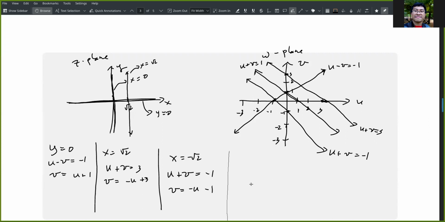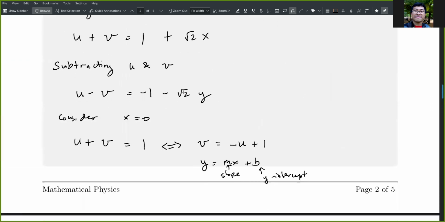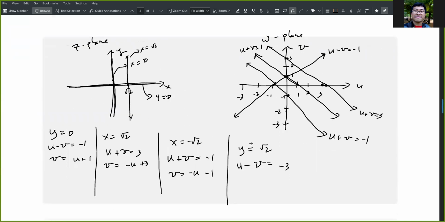And we can also try y equals square root of 2. For y equals square root of 2, it becomes u minus v equals, this is square root of 2, this is 2, minus 2 minus 1, that's minus 3. Okay, so for this z-plane, suppose this is x equals negative square root of 2, and for y equals square root of 2, this would be our line y equals square root of 2.